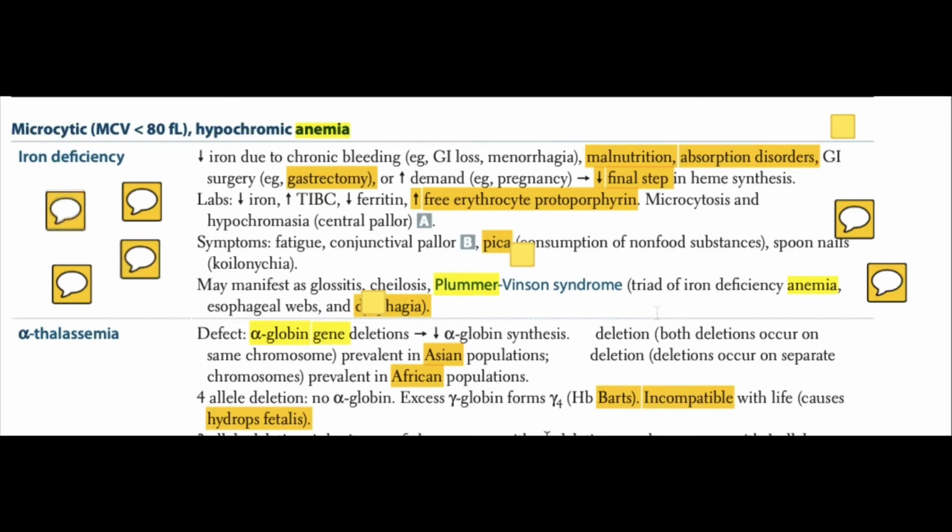Let's talk about some clinical correlates. The diagnosis of iron deficiency anemia requires that a patient be anemic and show laboratory evidence of iron deficiency. Red blood cells in iron deficiency anemia are usually described as being microcytic, mean corpuscular volume less than 80, and hypochromic.